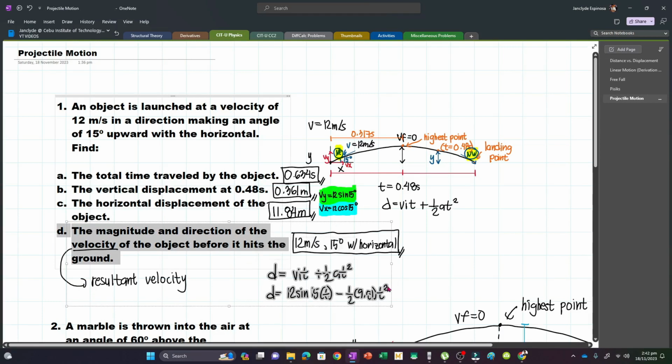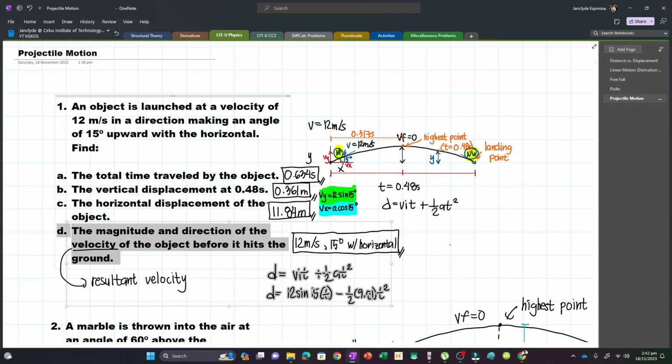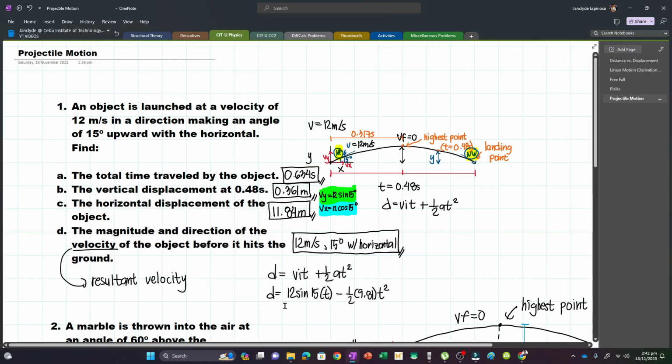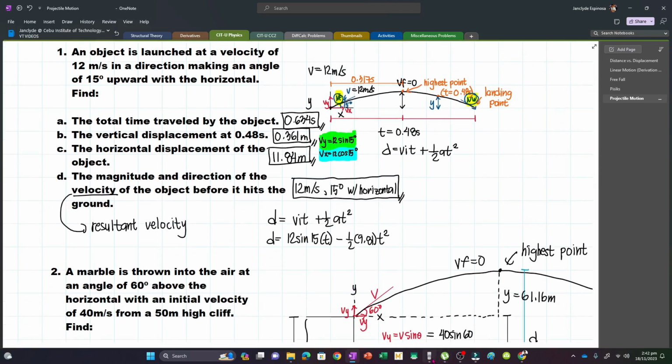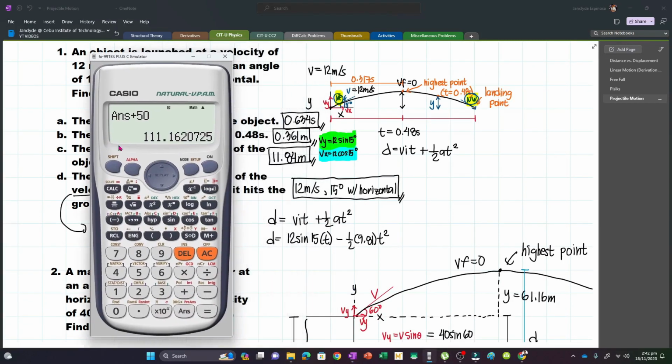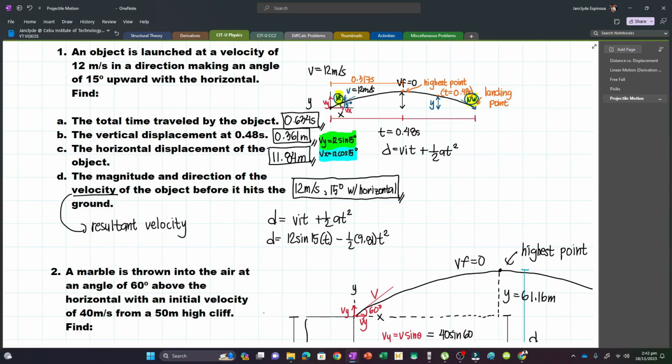So that the graphing calculator does not misinterpret the sine as an iterating line, for this 12 sine 15 we just take its numerical value. 12 sine 15 is equal to 3.11. So we replace 12 sine 15 with 3.11t, and then minus 1/2 times 9.81 t squared.